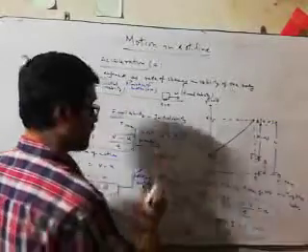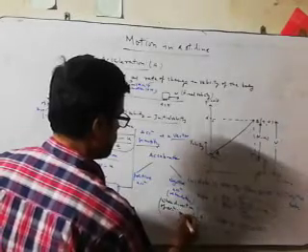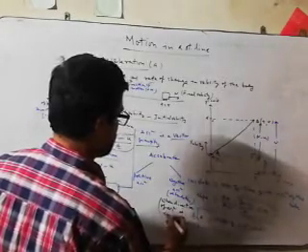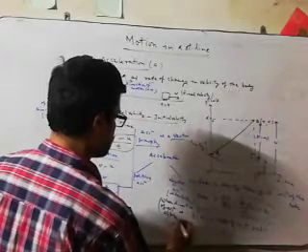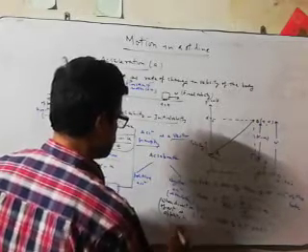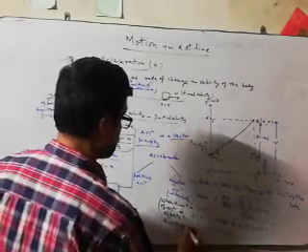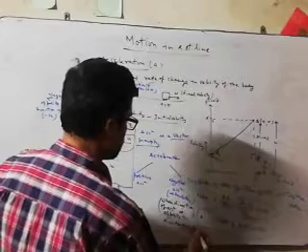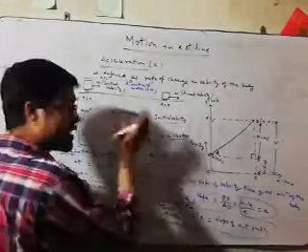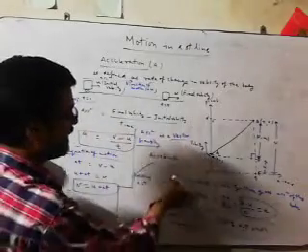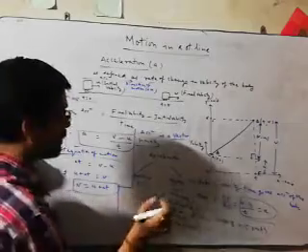When the direction of acceleration is opposite to the direction of motion, then it is negative acceleration. It will decrease the velocity; the magnitude of velocity will decrease.